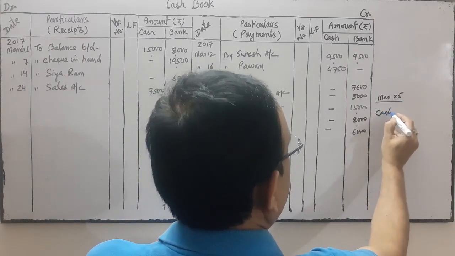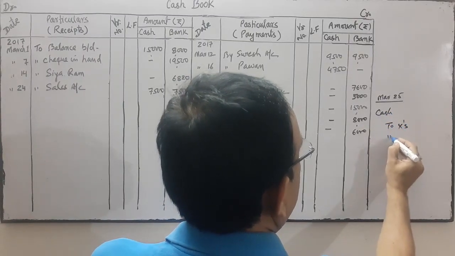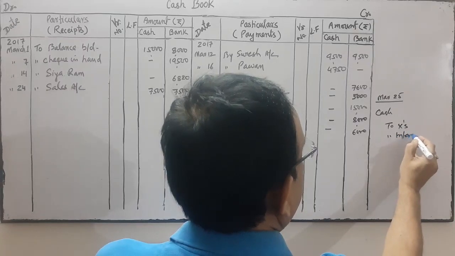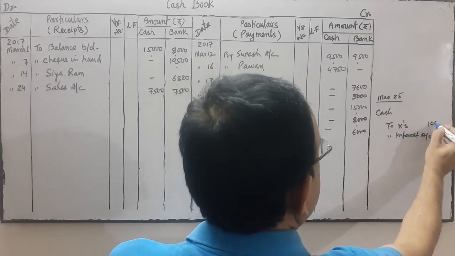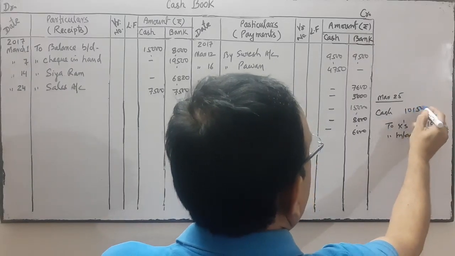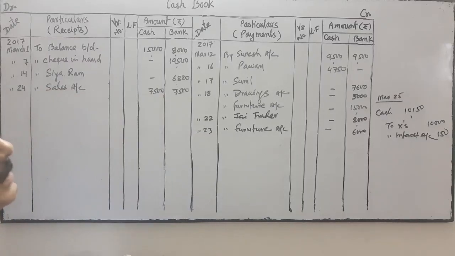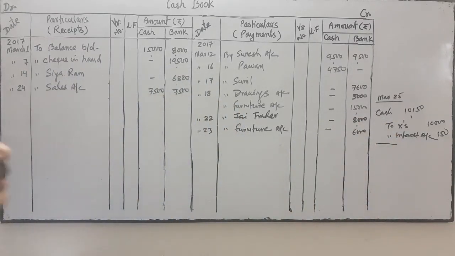So cash account debit to X account and interest account. So cash, this is 10,000, this is 150 and this is 10,150. This entry will be recorded in the cash book because cash is on debit in this transaction.